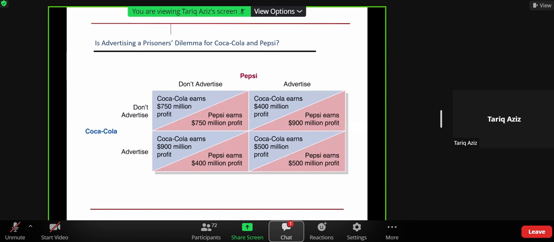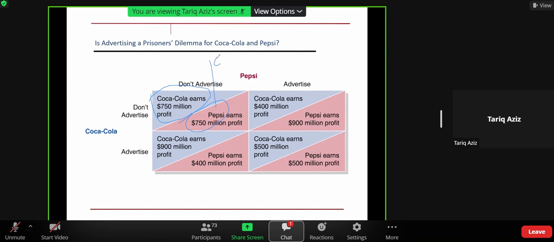Okay, so this is an example from advertising. There are two companies, Pepsi and Coca-Cola. The decision is to advertise or not to advertise. If both decide not to advertise, then their profit will be maximum.